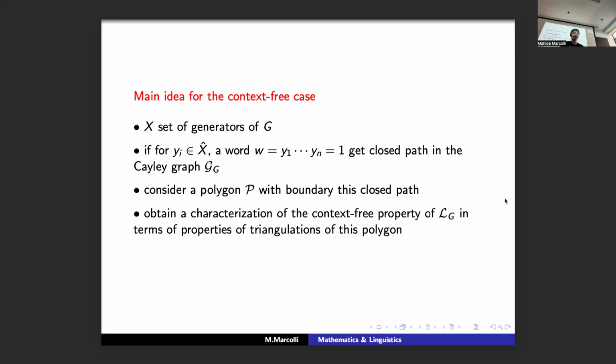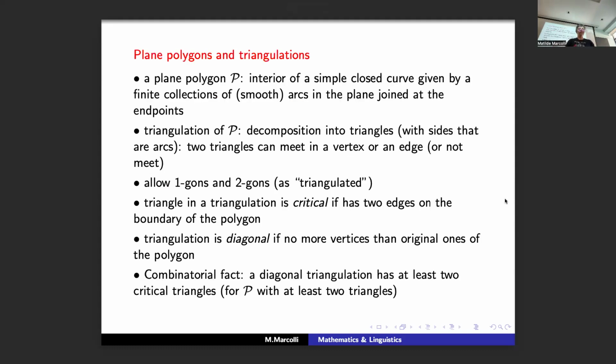So one can think of it this way. You're interested in these closed paths, which give you some kind of polygons in this graph. You start by reducing these polygons to something as simple as possible. You consider ways of triangulating all these polygons, so that you only have to worry about triangles, the simplest kind of polygons.